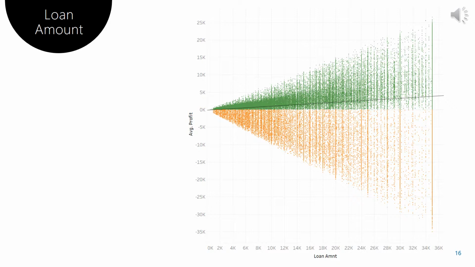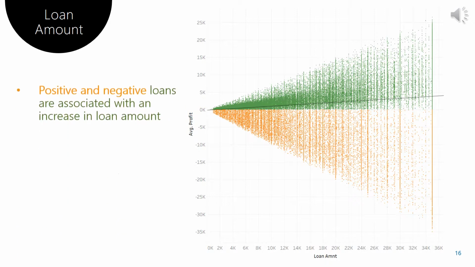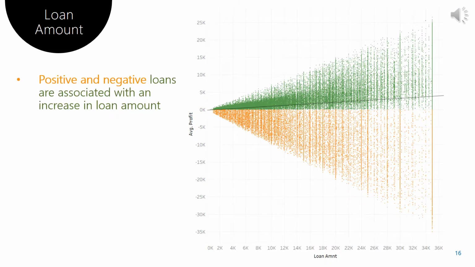And what you can see is that there are positive and negative outcomes associated with an increase in loan amount, but with the trend line, the green line that moves from the 0 point from left to right and trends up, we can see that overall there's a positive effect on profit via loan amount.